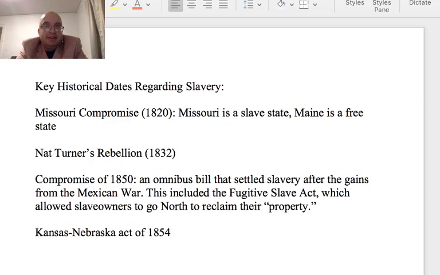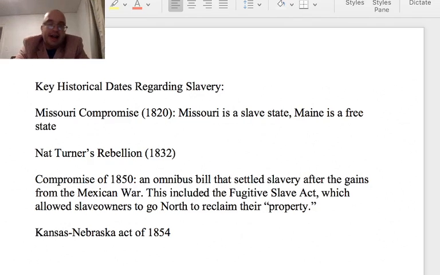The Compromise of 1850 was an omnibus bill. They tried to pack a lot of stuff into one bill, basically. It settled slavery after the gains of the Mexican War. You can read more about that if you want, but it did give new states a lot of freedom to decide whether they wanted to become slave states or not.